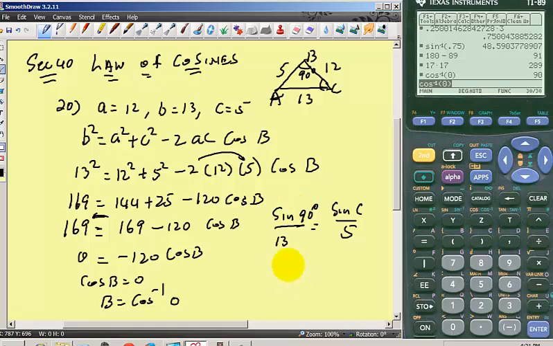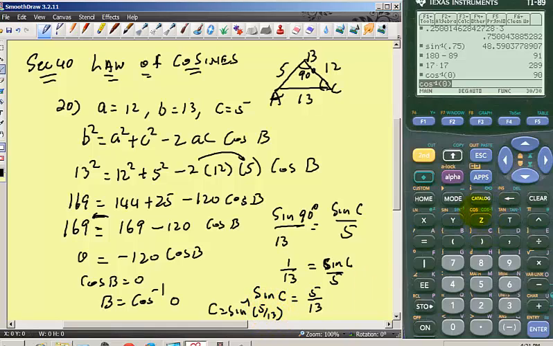Well, sine of 90 degrees is really 1 over 13, equal to sine of c over 5. So sine of angle c is equal to 5 over 13. To find angle c, c is equal to sine inverse of 5 over 13.